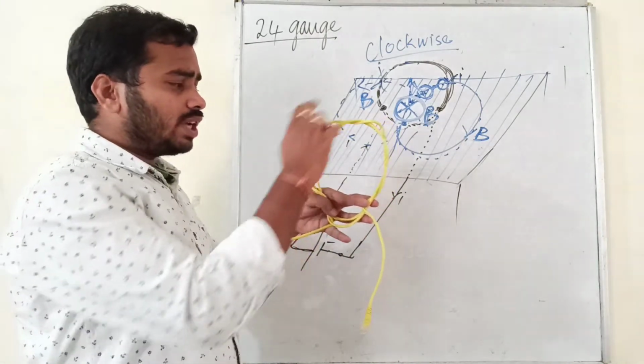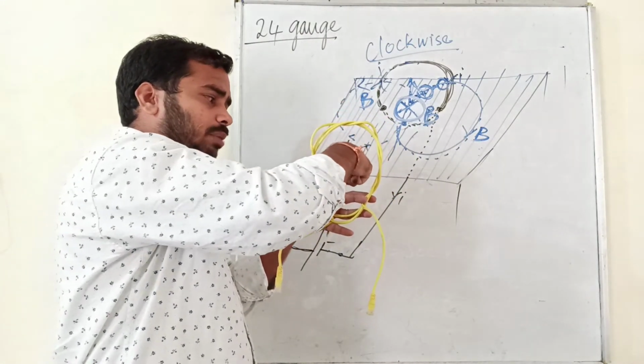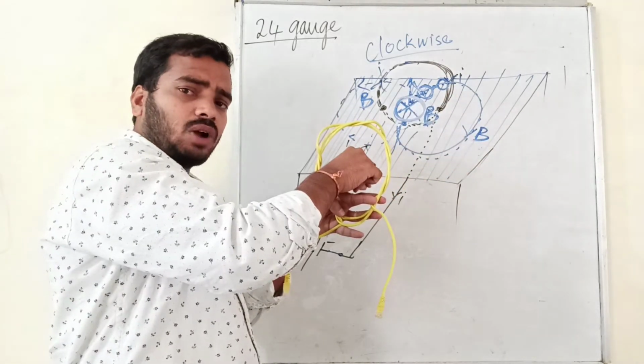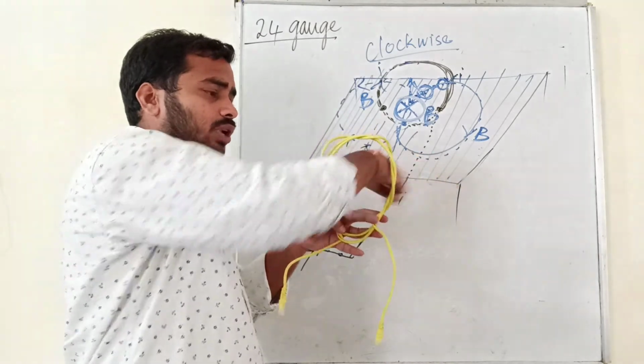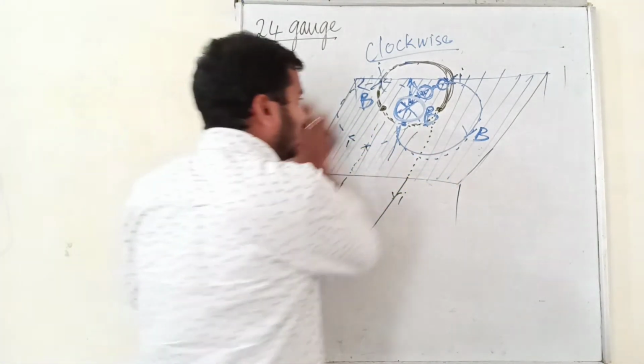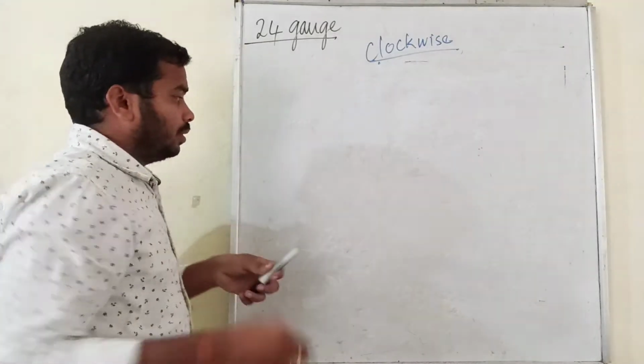So in the clockwise direction, the magnetic field will be into the plane. The magnetic field line goes into the plane and comes back and makes a circular loop around this loop. The magnetic field lines will exist as circles around the loop like this. Let me show you the proper diagram here.